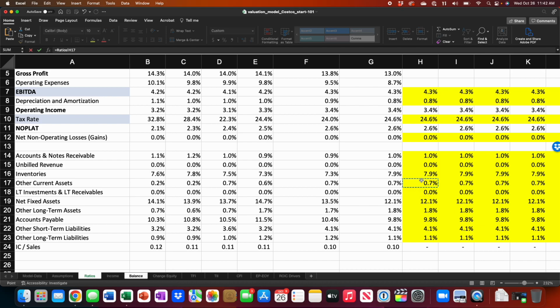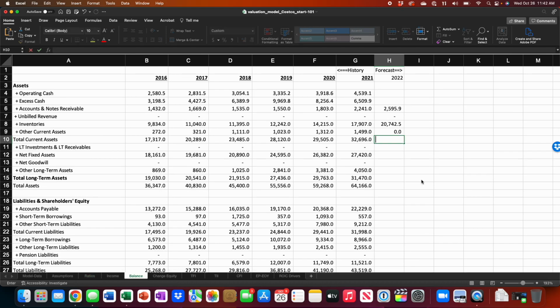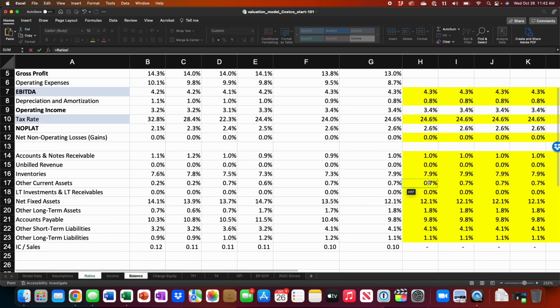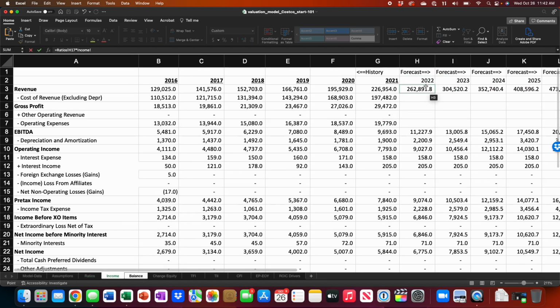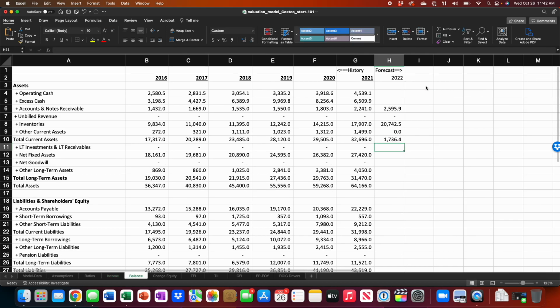Other current assets in dollars equals, from the ratios tab, H17 times income tab, 2022 sales, H3, 1736.4.